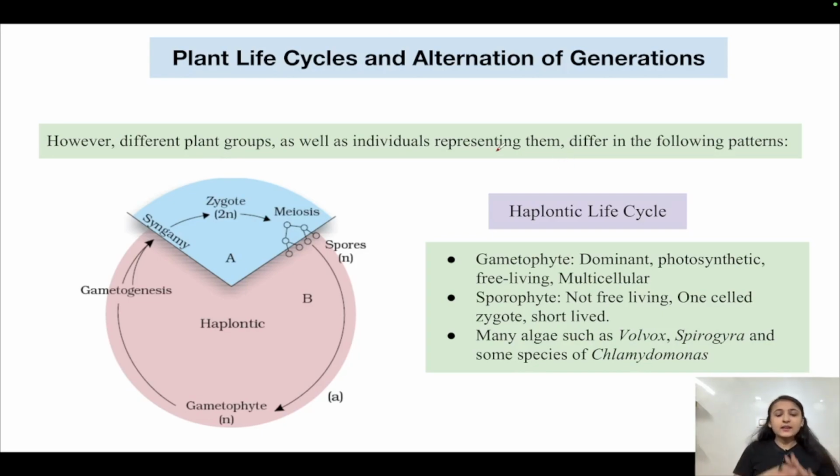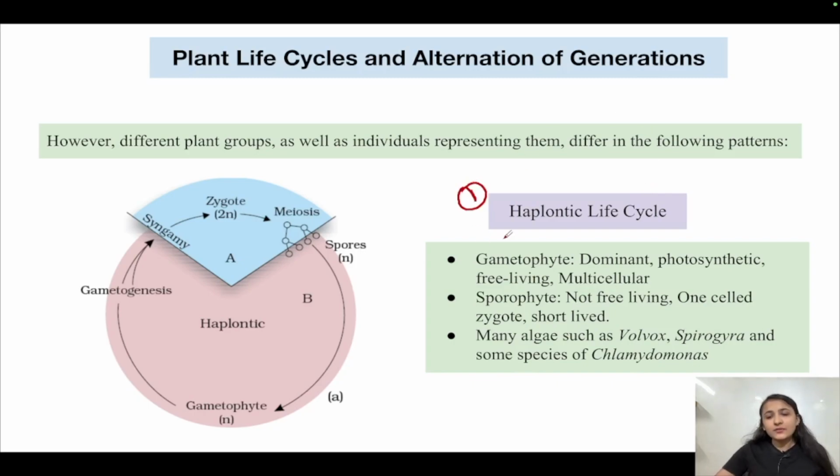The overall pattern is that haploid generation alternates with the diploid generation, gametophytic generation alternates with the sporophytic generation. But the duration of these generations is different depending upon the plant groups or the members we are talking about. So based on these variations, different patterns have been identified.